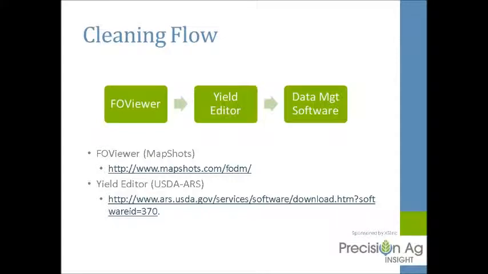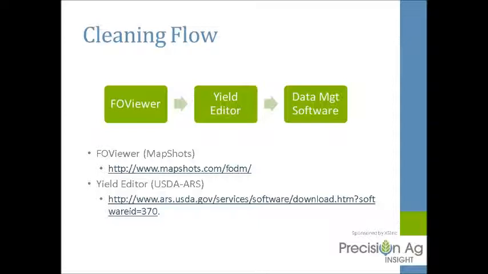So the typical process that I go through at the end of the season, when we have time, is the following flow. Typically, I'll open up most of my data files in FOV viewer, and then import those directly into Yield Editor, and then finally into the data management software.